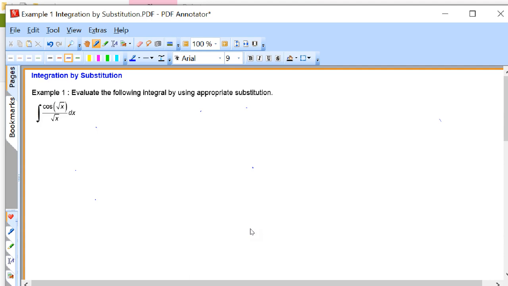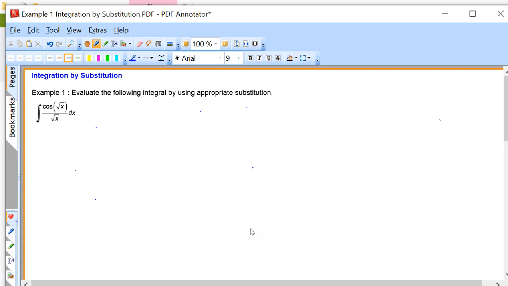Example number 1. Evaluate the following integral by using appropriate substitution. So you need to integrate cos square root of x over square root of x dx. When you look at the given question, you can see that you cannot integrate the function directly.